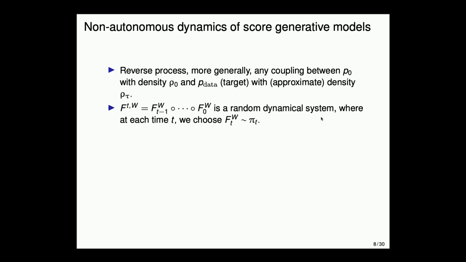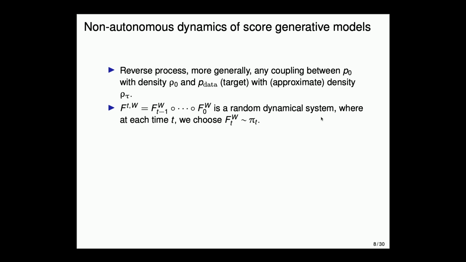Formally, you can take the algorithm itself and think of it as a random dynamical system. What is a random dynamical system? It's just a dynamical system with randomness in it. This includes classes like stochastic dynamical systems and non-autonomous stochastic dynamical systems. Together we will call these random dynamical systems.